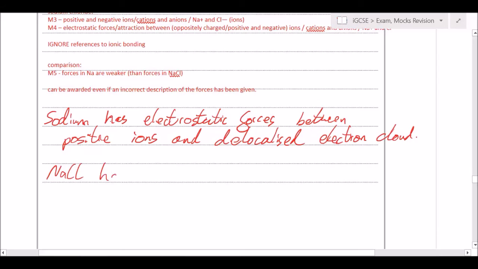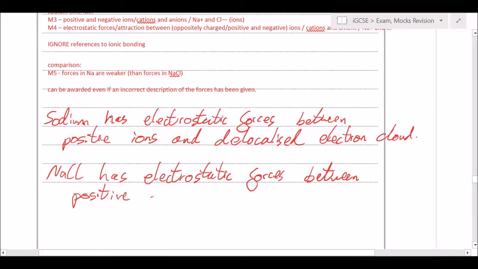NaCl has electrostatic forces between positive and negative ions. Notice the difference there.